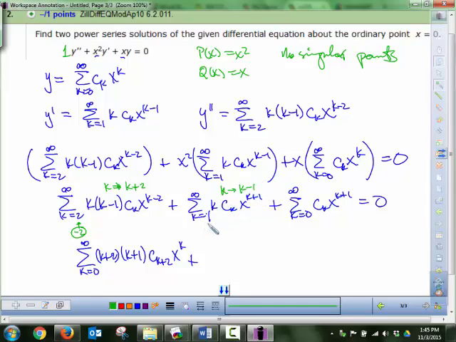Inside, what do I do with the index? I have to add 1. Let's see how this is going to look. Add 1, I start with 2 now. k goes from 2 to infinity. I have to subtract 1. I have k minus 1, c sub k minus 1, x to the k.